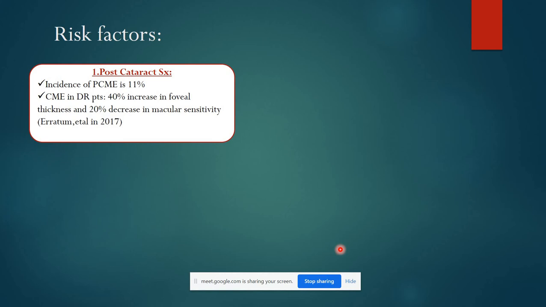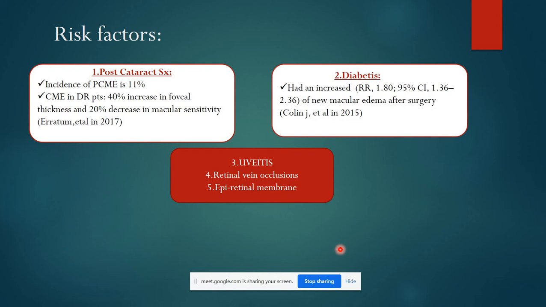Then diabetes has an increased risk, with a risk ratio of about 1.8. There is a higher chance of formation of macular edema after surgery if it is a diabetic patient.